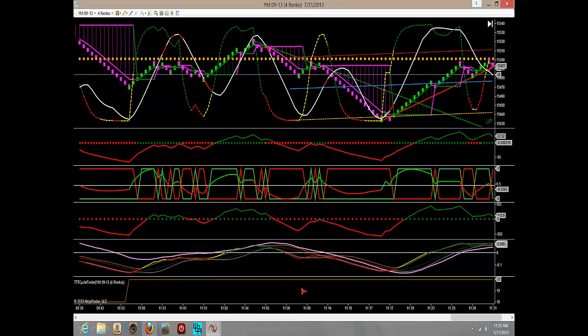So you could change this to 10 at the beginning of this movement in here. You can change the swing cycle length to 10, and you can see how it picks up the beginning here. It shows the end of the cycle right here. Another cycle starts right in here and ends right up here.